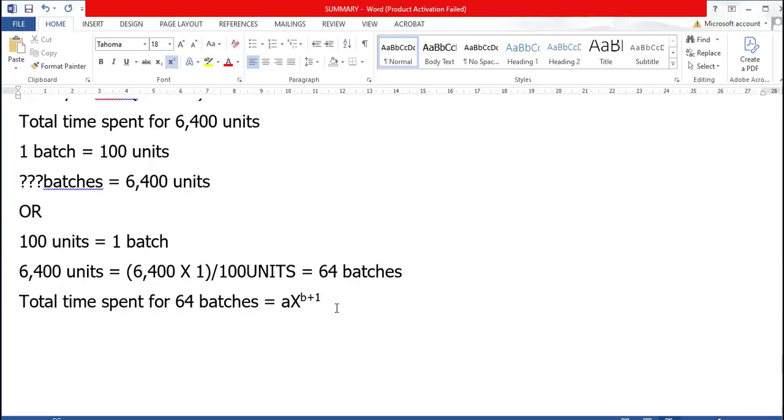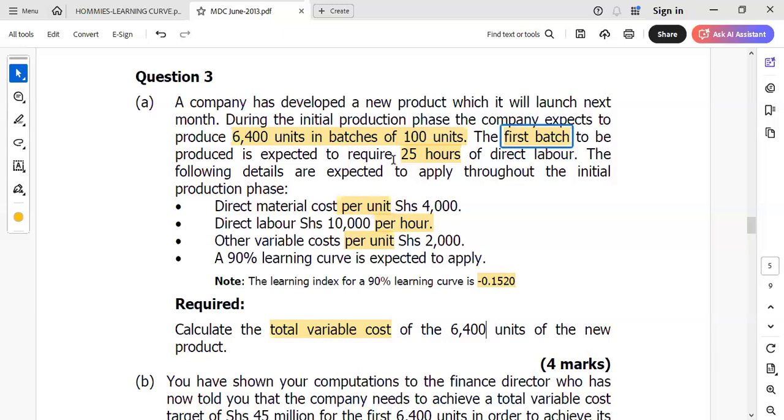Okay? So what is your A? A will always be given in the question. The time it takes to produce one batch. Are we given days or time or hours? The first batch to be produced is expected to require 25 hours of direct labor. So here your A is 25.